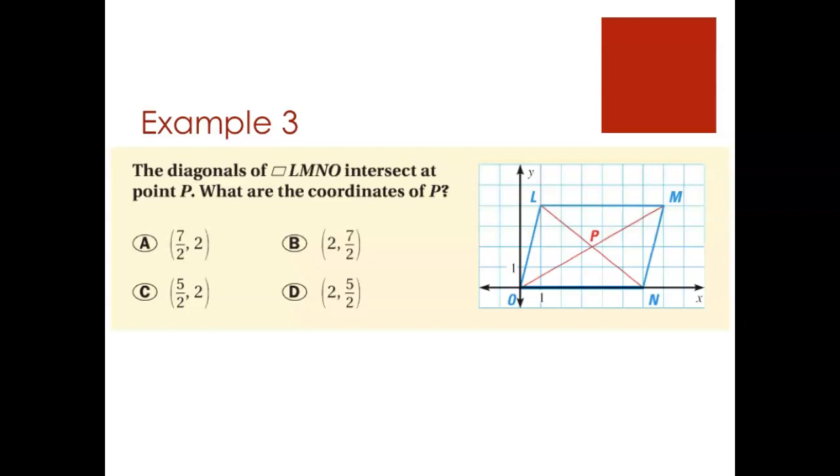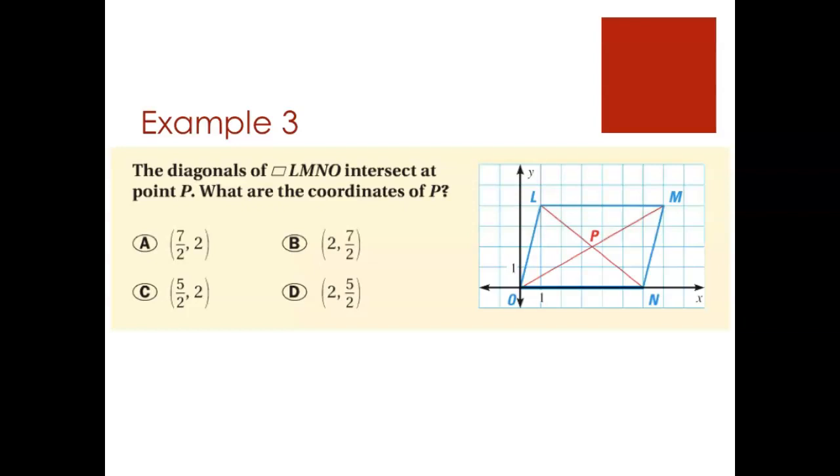Now what we can do is we can simply look at this diagonal OM and find the midpoint of OM, and that will give us the point P at which the diagonals cross each other, because since OP and PM are equal to each other, P must be the midpoint of the two.